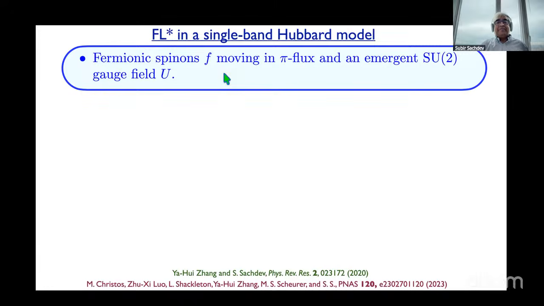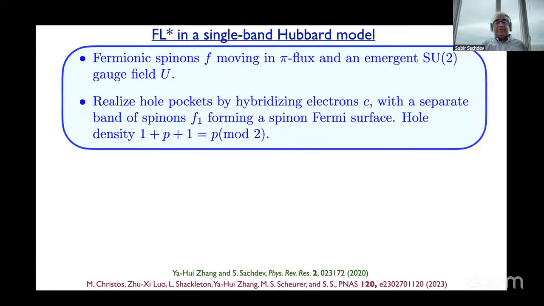So you have the fermionic spinons coupled to the same SU2 gauge field. And then you also need the hole pockets, which are bound states of spinons and holons. It turns out that the better way to obtain the hole pockets is by starting with the full electrons and hybridizing with a band of spinons.